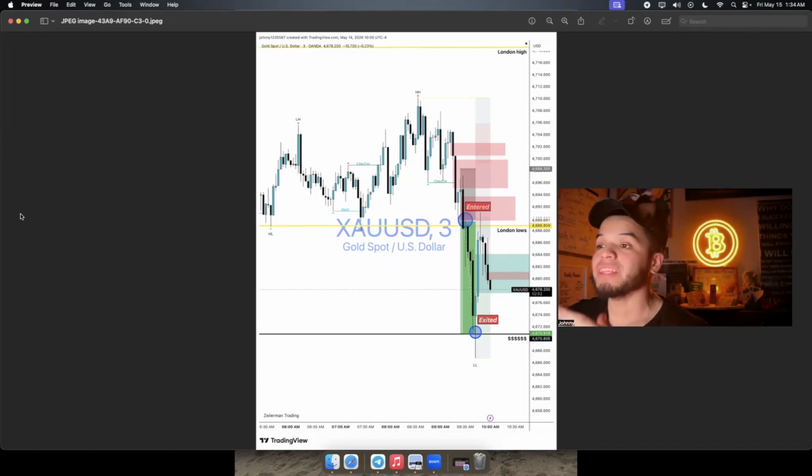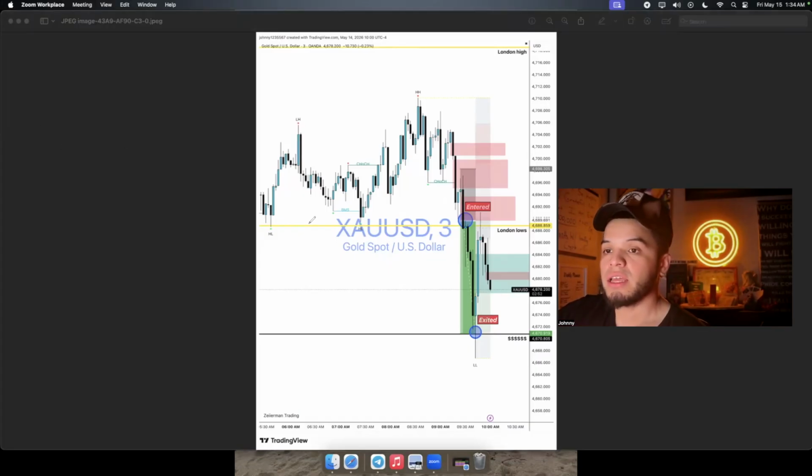Now, if you don't know what a break and close is, very simple. This is what a break and close is. So let's say the candlestick's printing like this, right? We just touch, we go back up like this, nothing's happening, and then boom, we eventually have a candle break like this, and the new candle prints, and this one already finished printing on the 3-minute time frame.